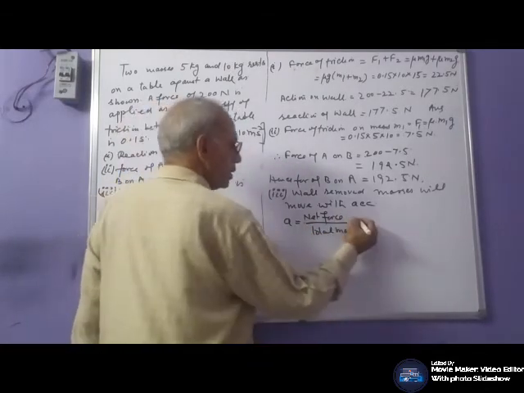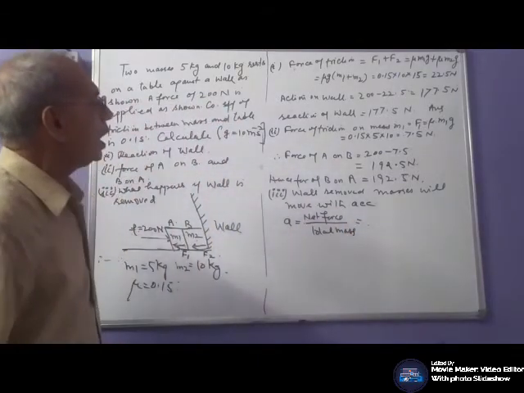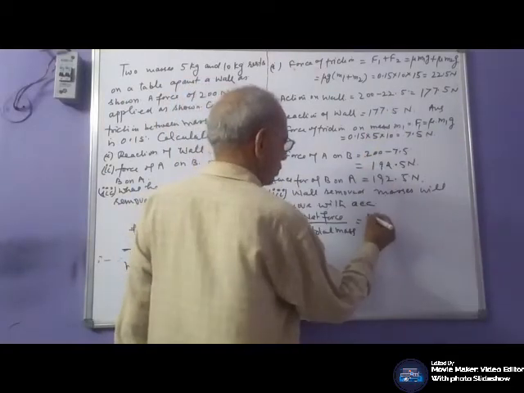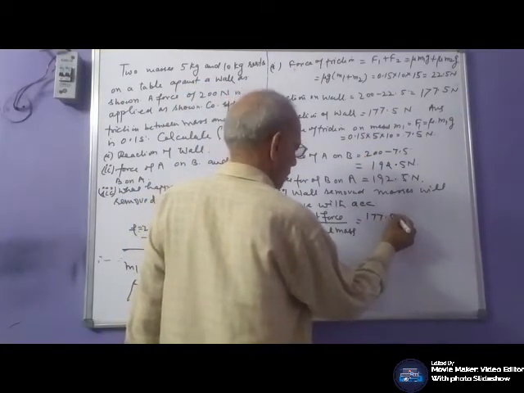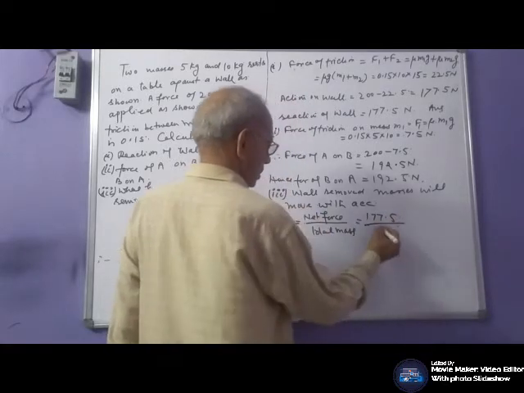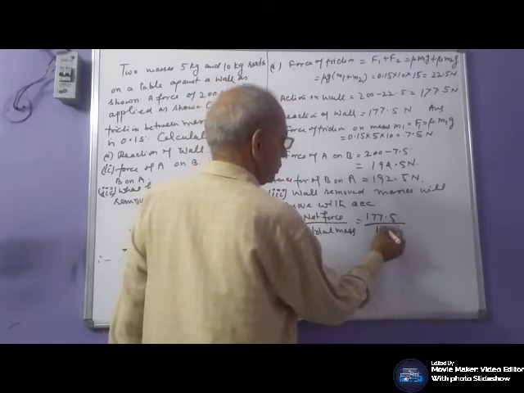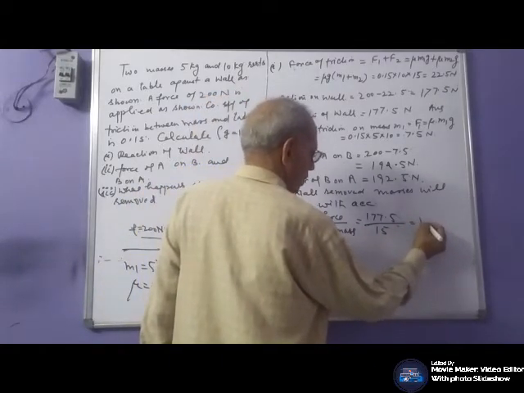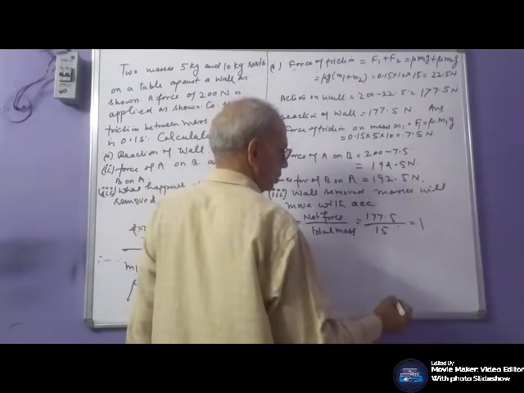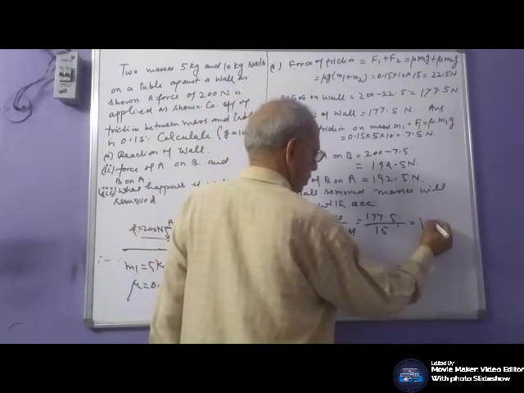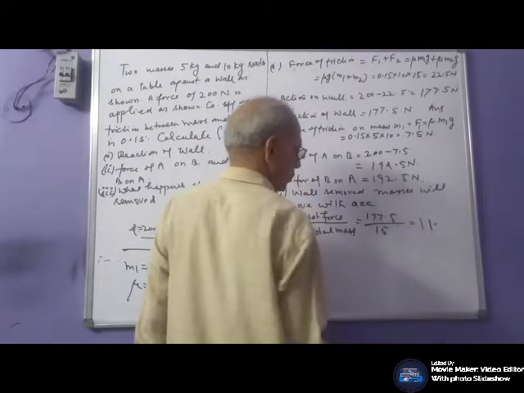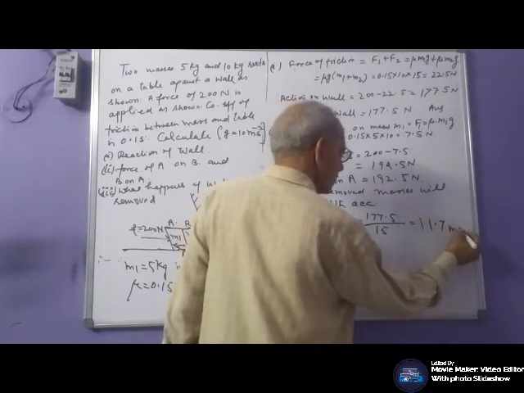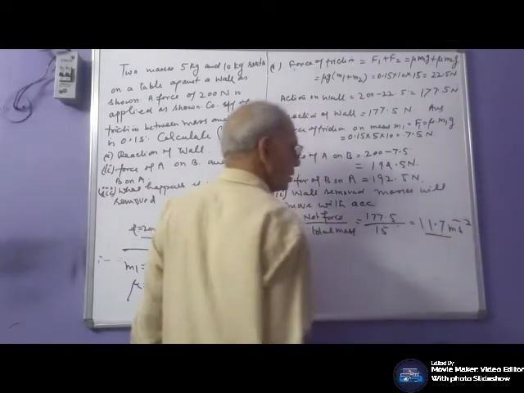MA, net force on wall was this one. Total mass, it is 15. So acceleration is what? मीटर पर सेकंड स्क्वायर. चेक करना इसको एक बार.